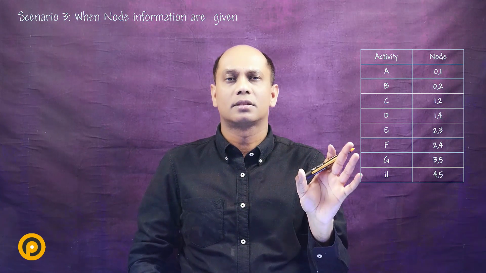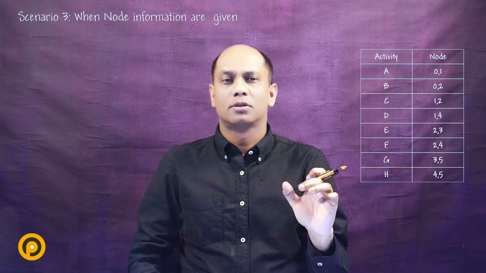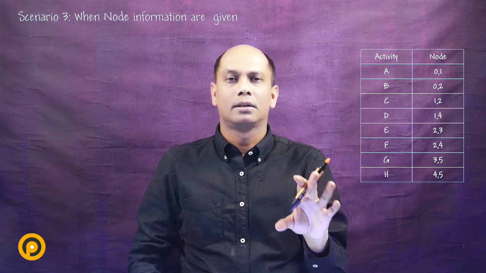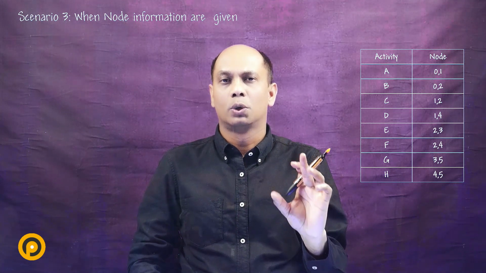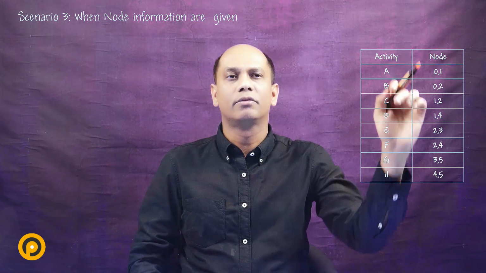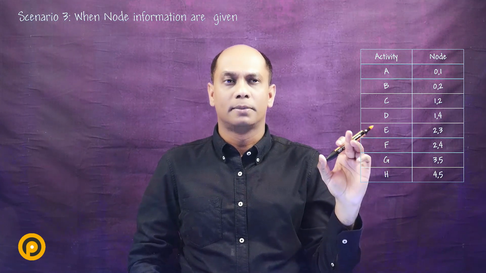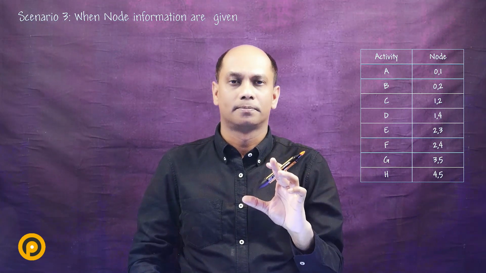Now there's a little difference from the problems we had before, where predecessor and successor information was given. The difference is that those two scenarios we can draw using the activities on node method. However, when node information is given, the best choice to solve the problem is to draw using the activities on arrow method. So we have discussed the difference between the two.